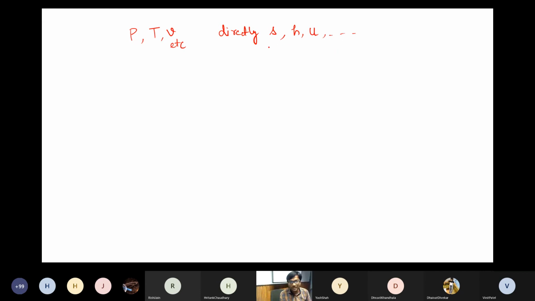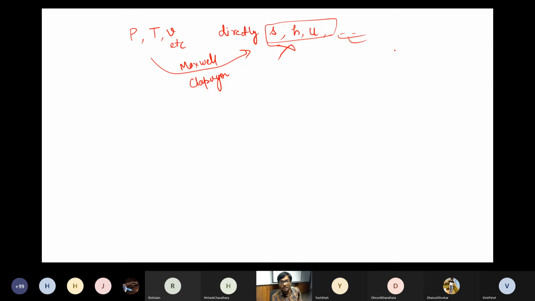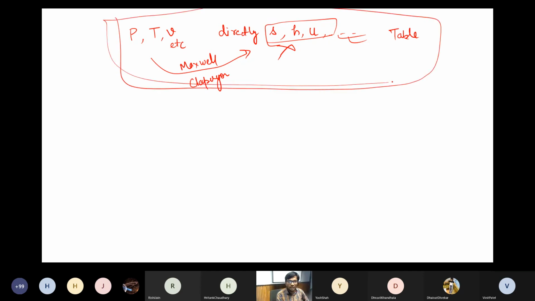We cannot directly measure them. So this Maxwell equation and Clapeyron equation give us a way to measure these quantities and form them in a table. So this particular chapter has only this much overview, and we are doing only this, nothing more than that. No more physical aspects.